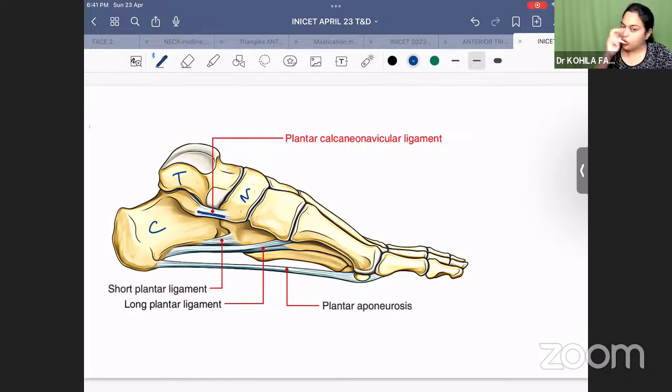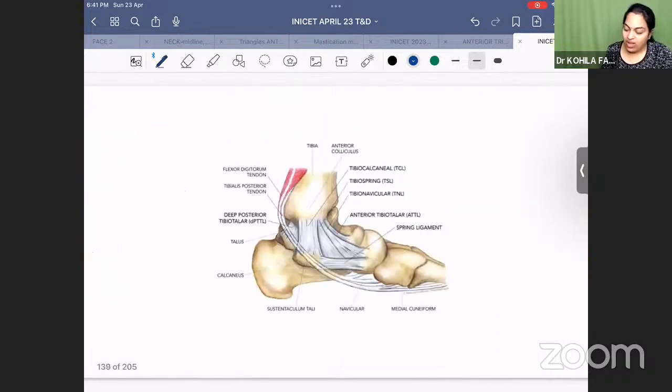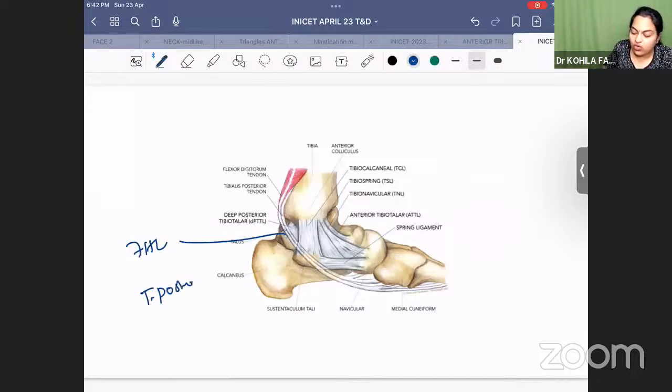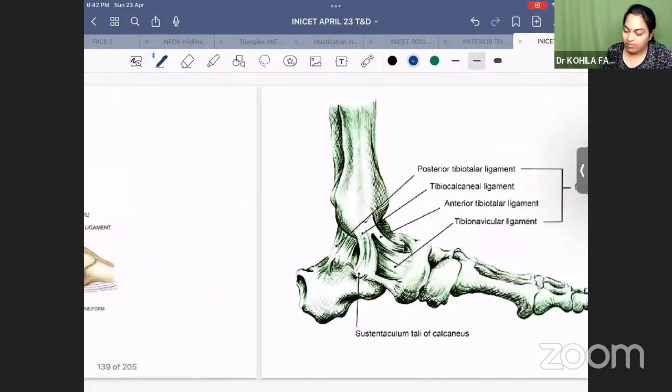There are 2 tendons related to it. The one which goes immediately below the sustentaculum tali is the flexor hallucis longus tendon. And the other one, tibialis posterior, goes for insertion into the navicular tuberosity. These are the 2 tendons that you should remember.